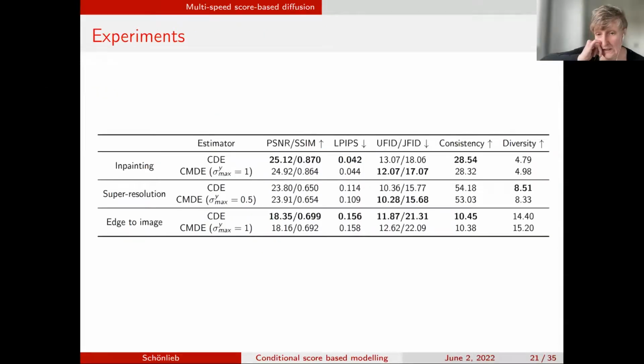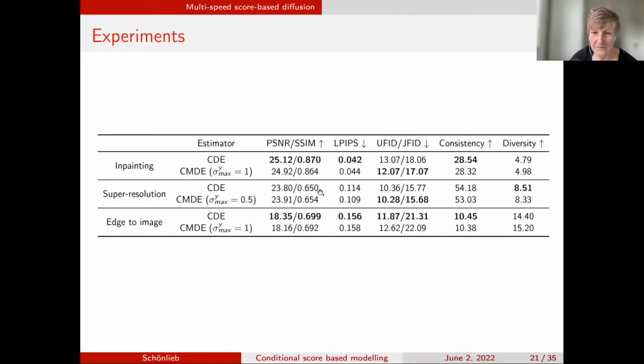Okay, so then we ran some tests, or Georgios and Jan ran some tests for different examples of conditional image generation, the ones that I've shown you before: image inpainting, super resolution, and this sketch to image. So the sketch of the shoe goes to the colored shoe.